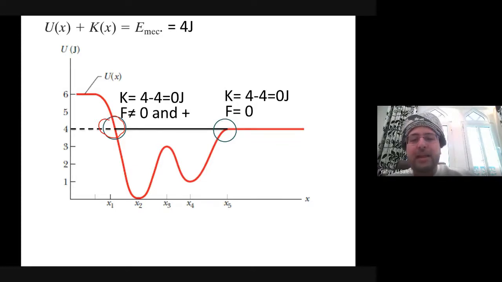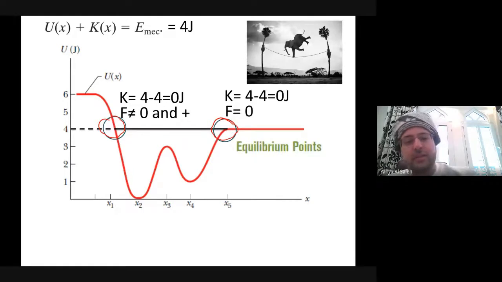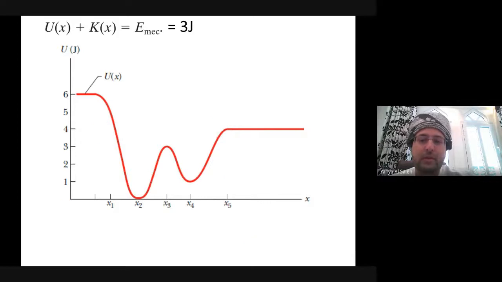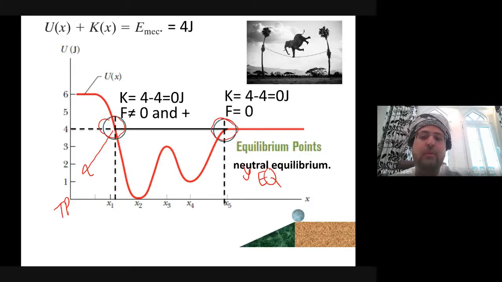But here my kinetic energy is 0, and my force is equal to 0. And these are 2 different things. This is a turning point. This is an equilibrium point. But again, equilibrium points are not all the same. I'll summarize all of this in a bit if you're confused.